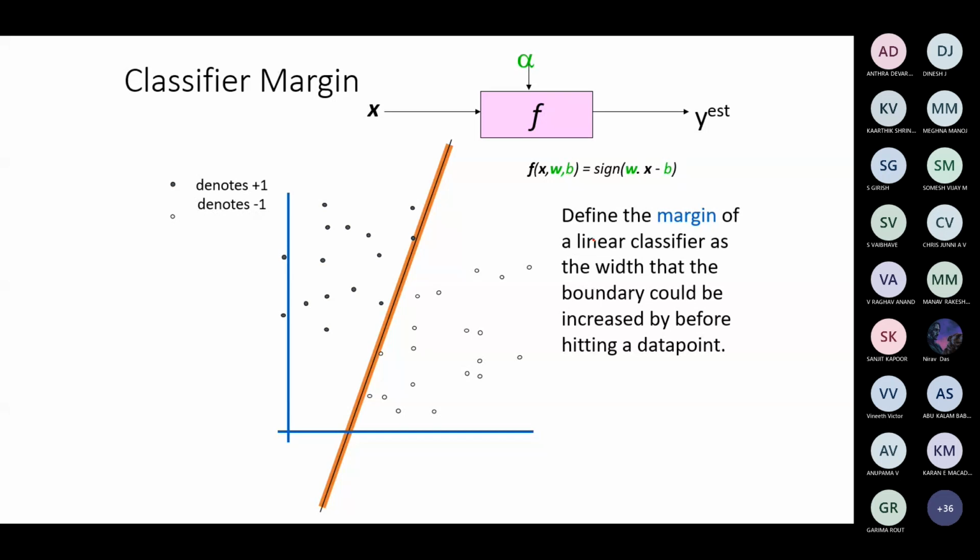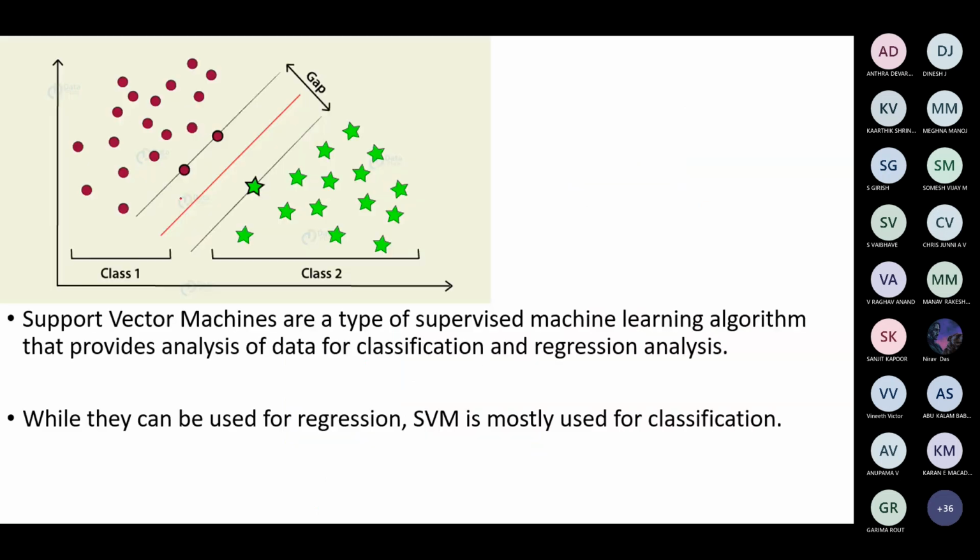The nearest data point, one plane will pass through. Can you see one plane is passing through? In this example, it is covering 2 data points. Then I draw another parallel hyperplane on the other side of the nearest data point.